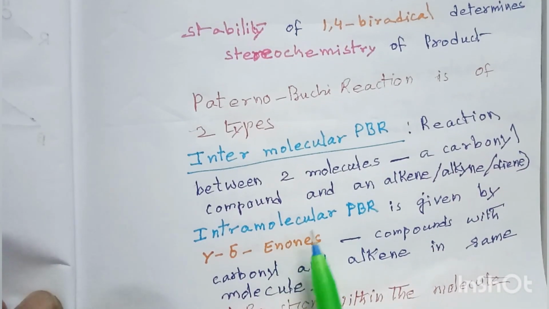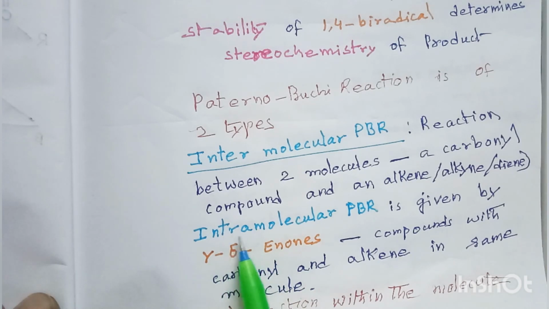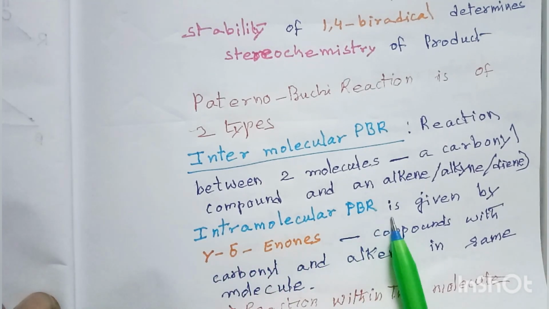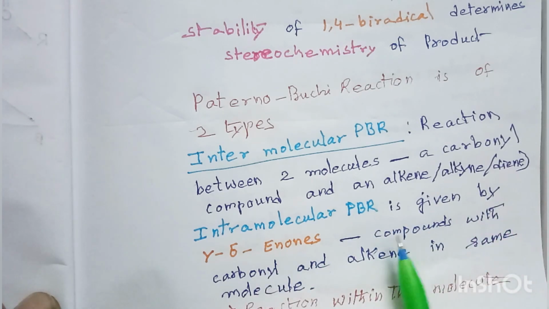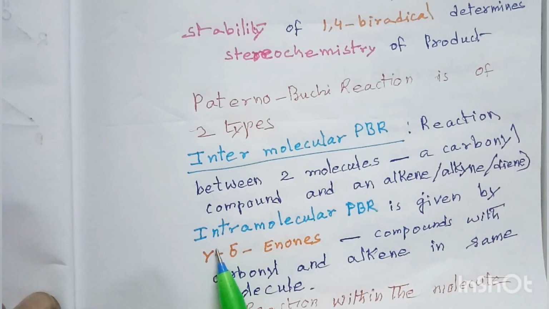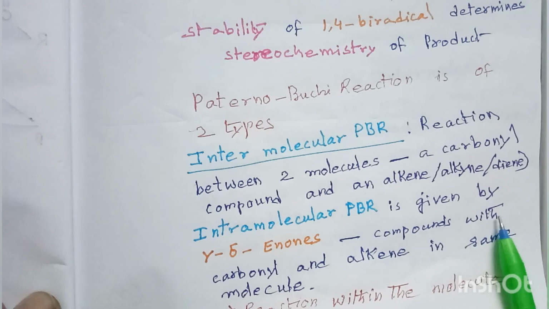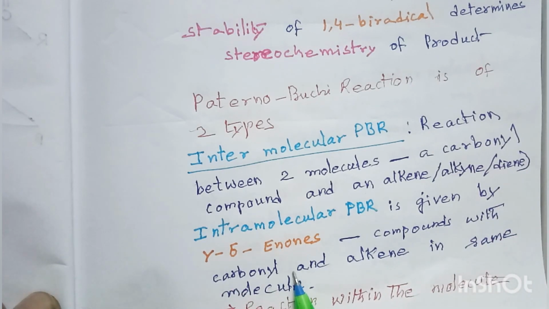There is another type of Paterno-Buchi reaction, that is intramolecular Paterno-Buchi reaction. This is given by gamma delta enones. These are the compounds which have a carbonyl group and an alkene in the same molecule.